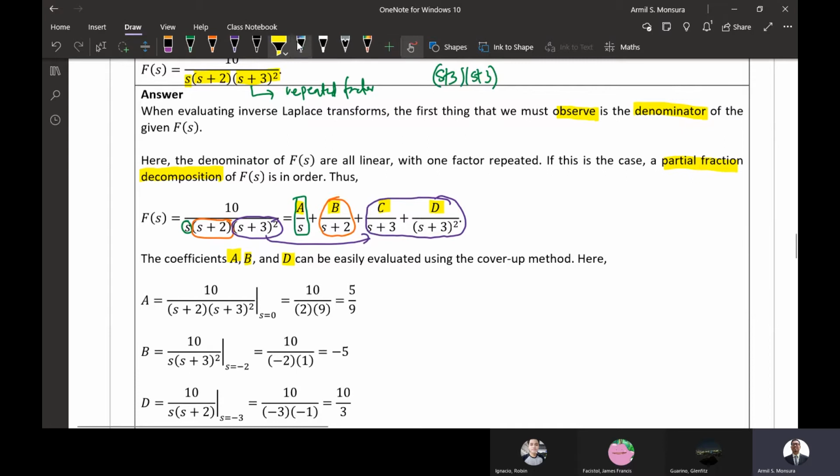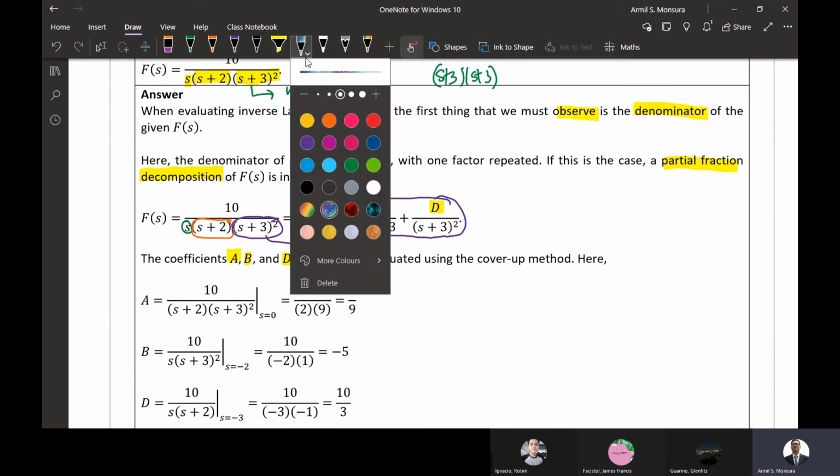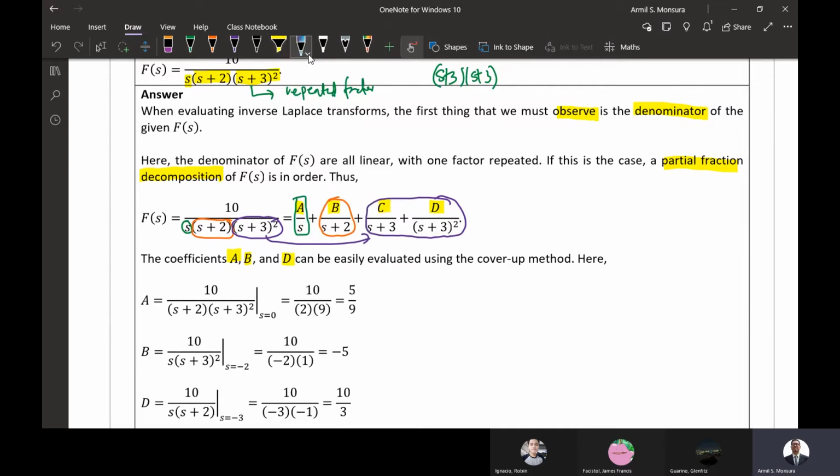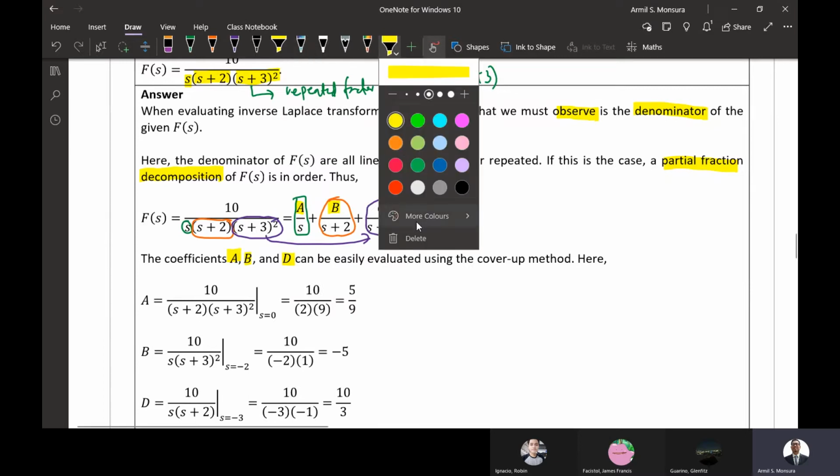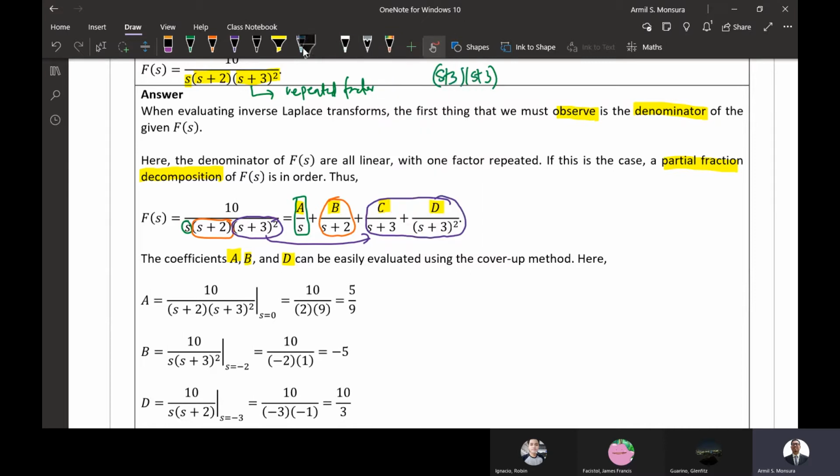Wait lang. Maglagay nga tayo ng highlighter na isa pa. Ito black. Tabi natin siya dito. So, paano yung cover-up method? Yung cover-up method is that, kung halimbawa ina-evaluate nyo yung A, tignan nyo yung denominator ng A dun sa expansion.